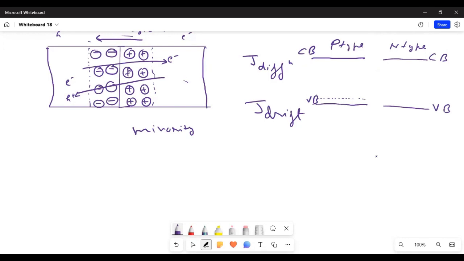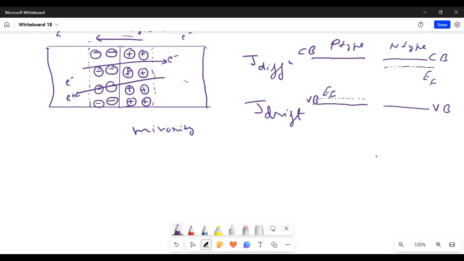For the N type material, it is close to the conduction band. This is when they are not in contact, right?